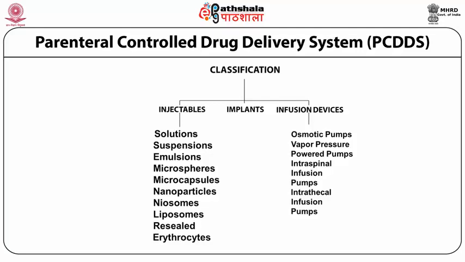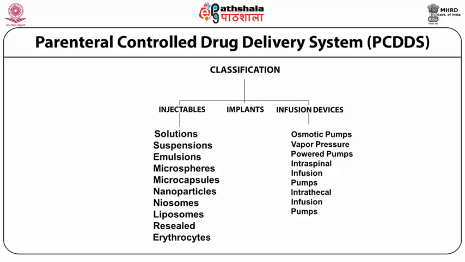The table in front of you primarily gives us an idea about the classification of parenteral controlled drug delivery systems. We can have pure injectables, which can be solutions, suspensions, emulsions, microspheres, microcapsules, nanoparticles, niosomes, liposomes, resealed erythrocytes, and many more. Whereas the second class exclusively consists of implant systems.